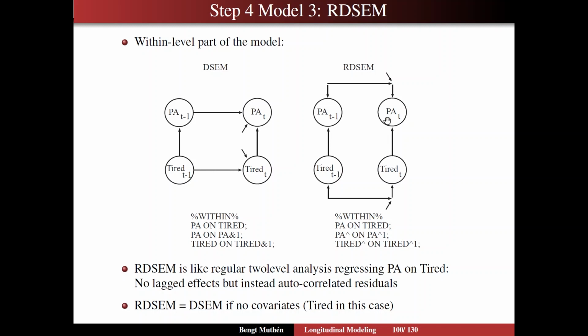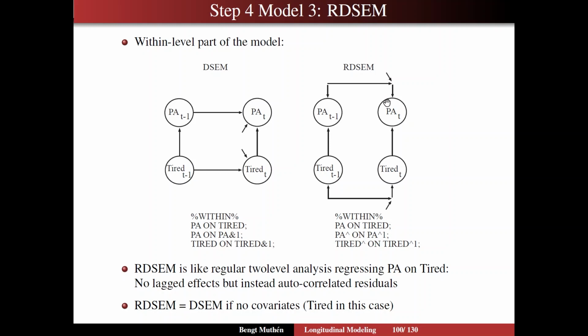We still have PA on tired, but now we're going to instead consider the residual of PA after we've regressed on tired and say that that residual is regressed on the residual of PA t minus 1, which is the residual in the regression at the previous time point. So this is a linear regression for the residuals, so it has its own residual.